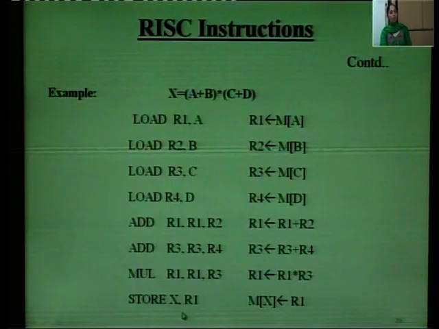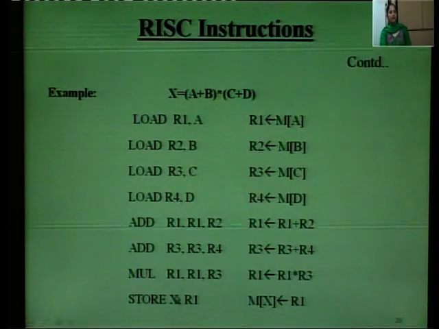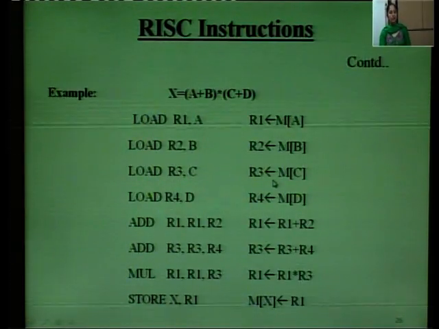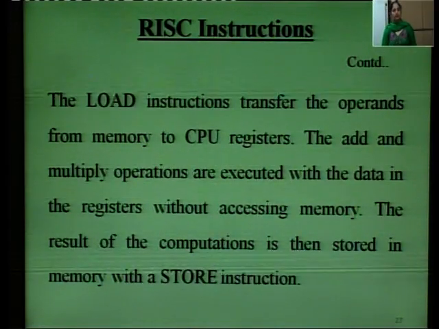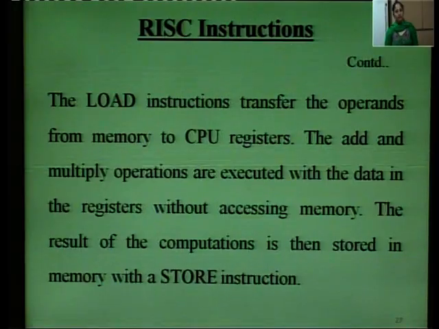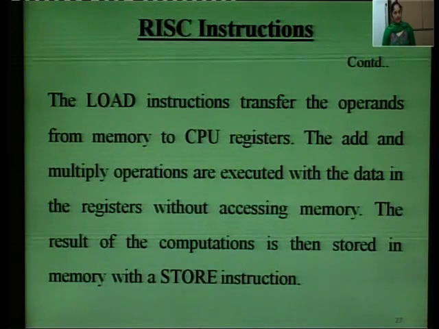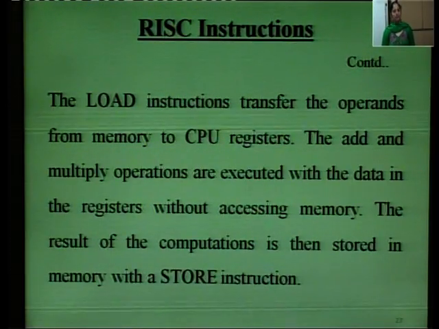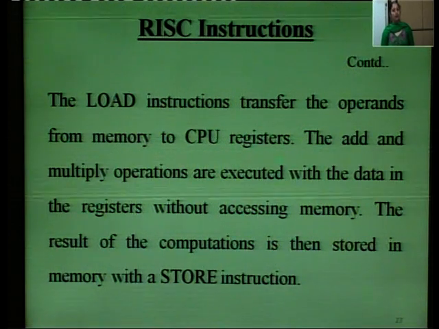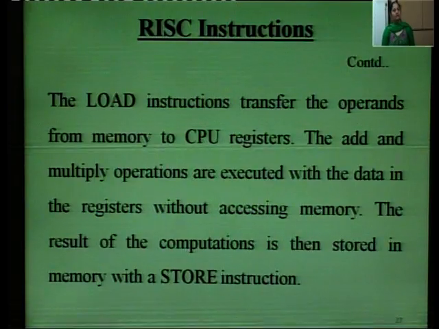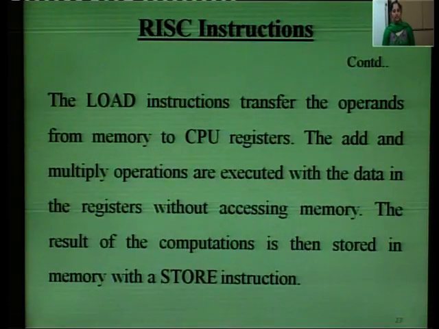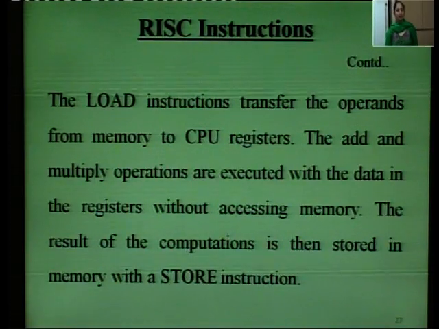Here store R1 into X, that is the memory location X. The load instruction transfers the operands from memory to CPU registers. The add and multiply operations are executed with the data in the registers without accessing memory. The result of the computations is then stored in memory with the store instruction.